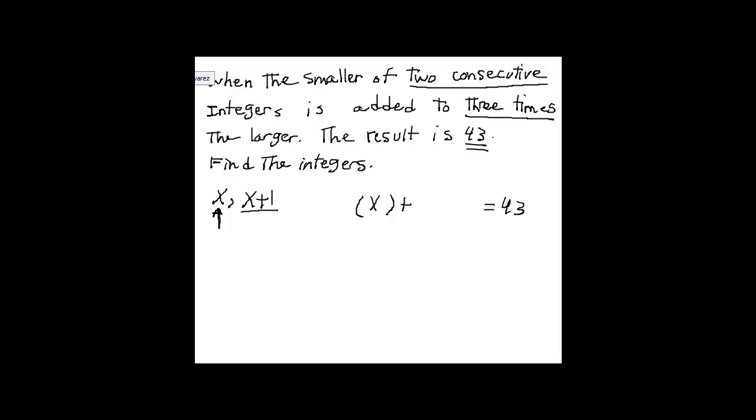So Daisy, you're also missing this 3 times. How are we going to put this 3 times in our equation? Added to 3 times the larger one. Somebody want to correct that then? The larger one is correct, it's x plus 1, but we're missing 3 times. So how do you do that?